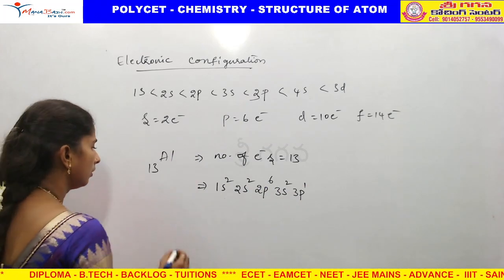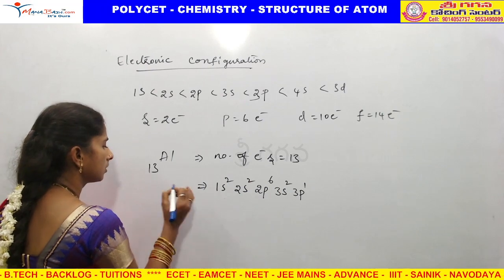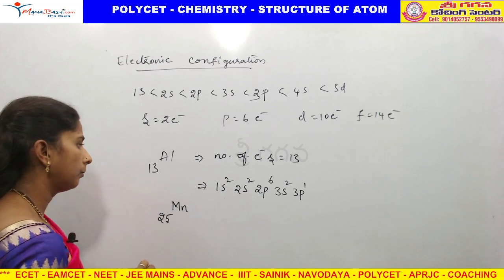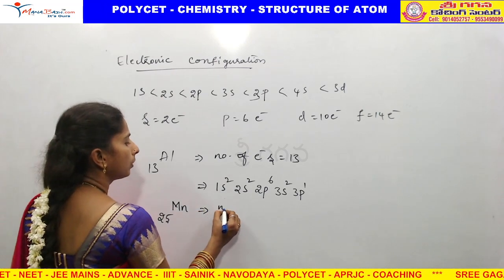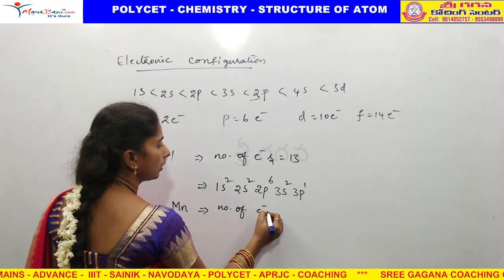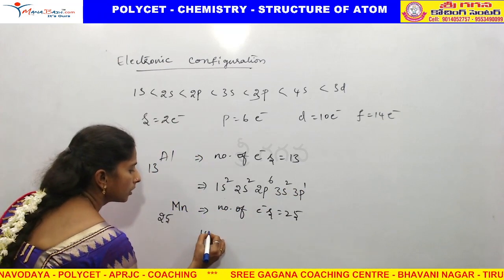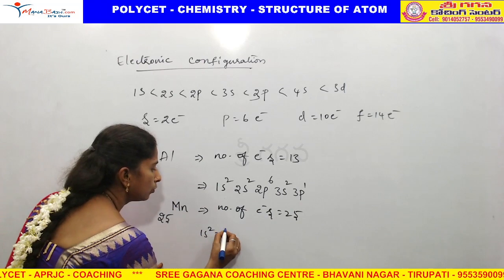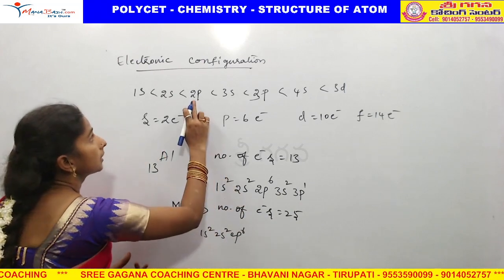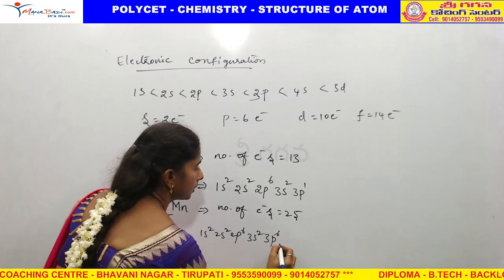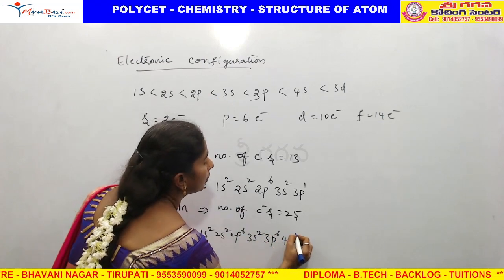For example, manganese, atomic number 25, so the number of electrons is also 25. First 1s2, 2s2, 2p6, then 3s2, then 3p6, then 4s2.